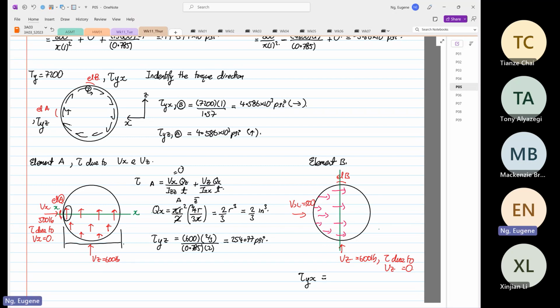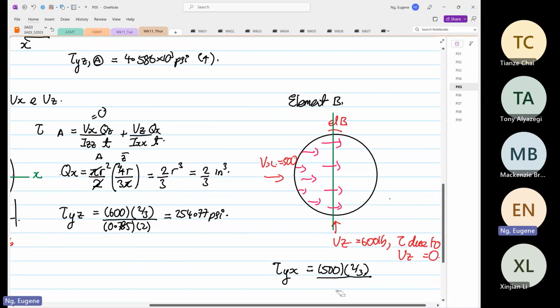So this is again equal to 500 multiplied by 2 over 3. The first moment area is the same, 0.785, and then multiply by 2. So 500 multiplied by 2 over 3 divided by 0.785 divided by 2 is equal to 212.314.